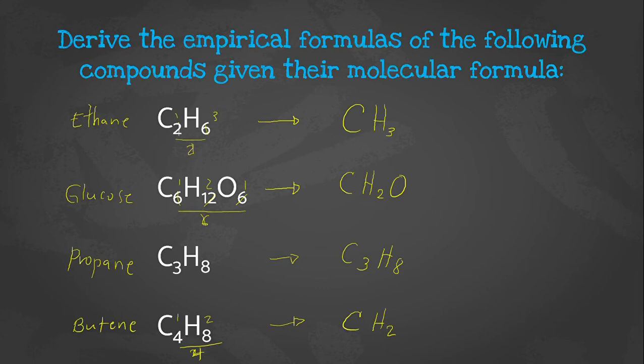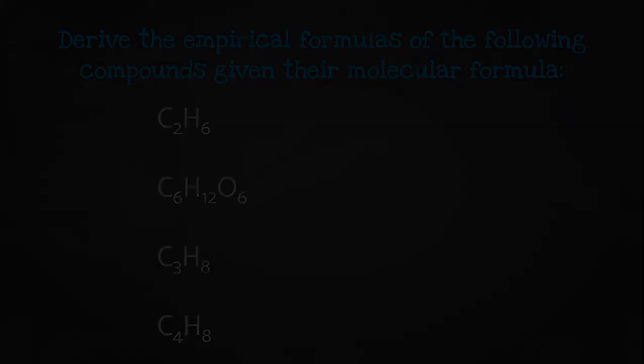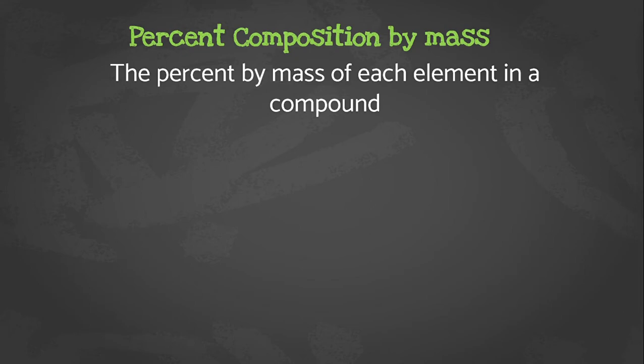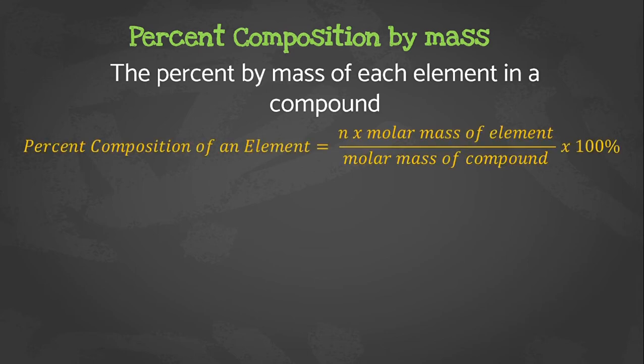Now, how do we compute for the empirical formula if meron ka lang given na percent composition from a chemical analysis? So, by the way, when we say percent composition by mass, it is the percent by mass of each element in a compound. So, paano ba natin kinukuha yan?